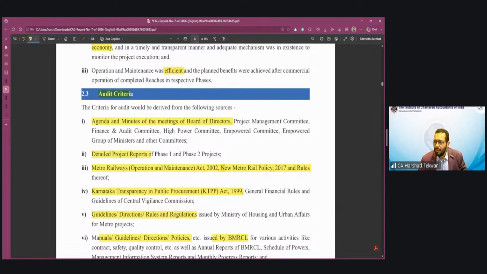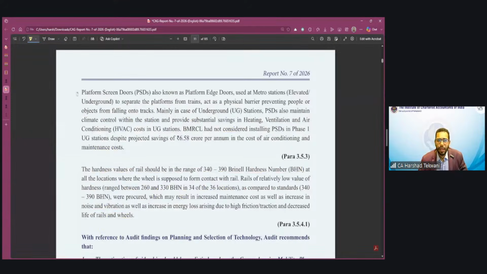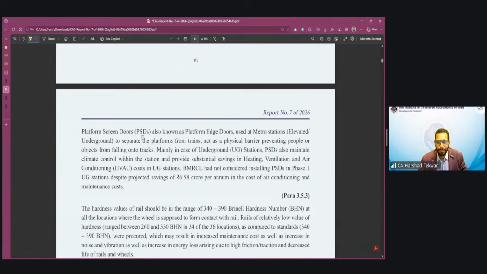For example, the platform screen doors, also known as platform edge doors, used at the metro to separate the platform from trains, act as a physical barrier. In the case of heating and ventilation, PSDs also maintain climate control. The authority has not considered installing PSDs in phase 1, despite project savings of 6.58 crore per annum in the cost of air conditioning and maintenance.